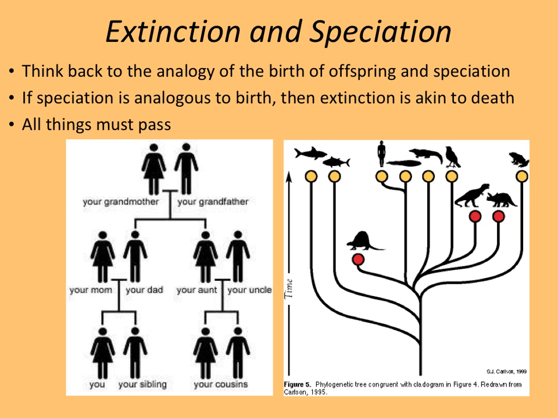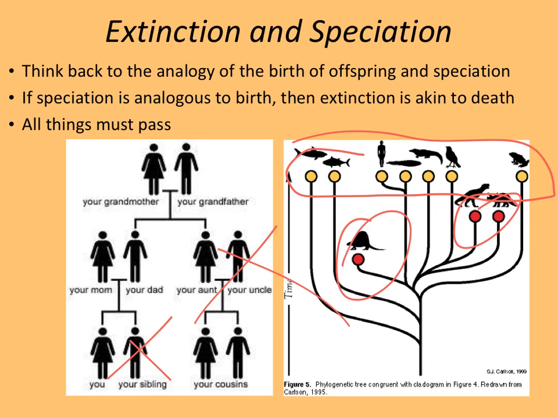So extinction and speciation is just like what happens with birth and death. Right? Oops, he's dead. That's extinction. Oops, they're dead. Okay. Same sort of thing here. These are a type of dinosaur. These are some other ones. They all went extinct. Here we have taxa, descendant taxa that are still with us.